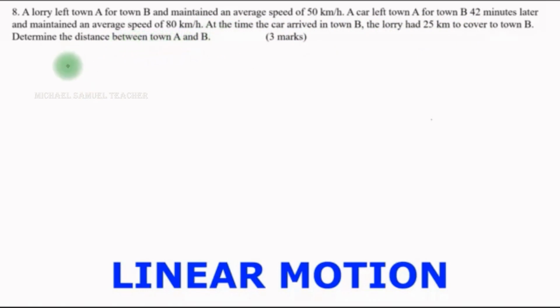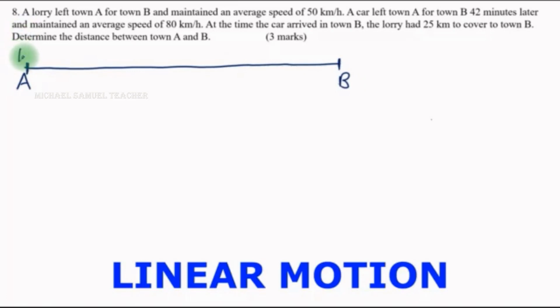So in this situation, we need just to indicate, and let me draw a sketch. So from town A all the way to town B. Now we have the lorry and also we have the car.